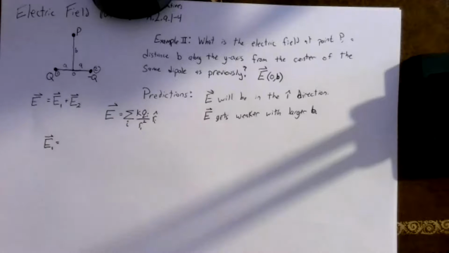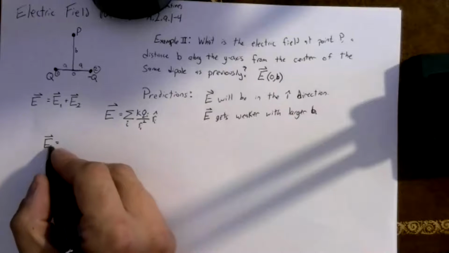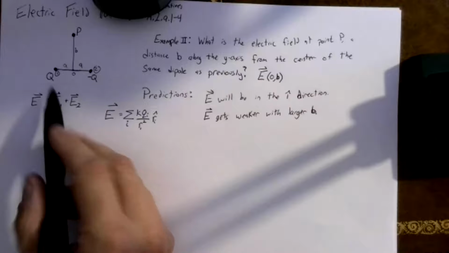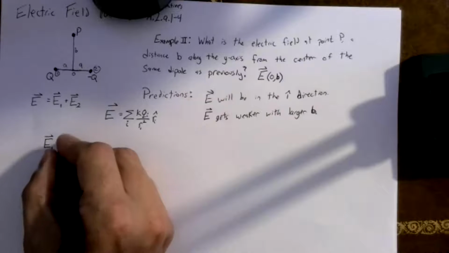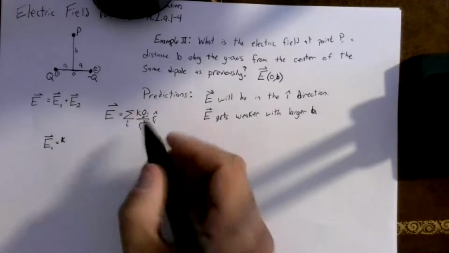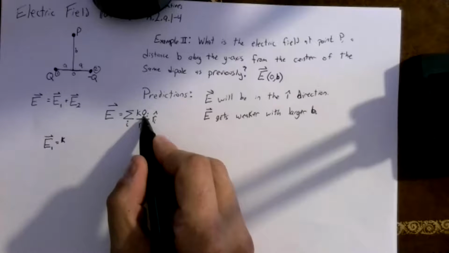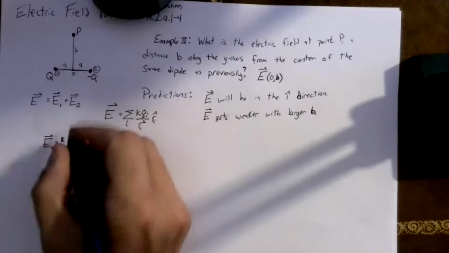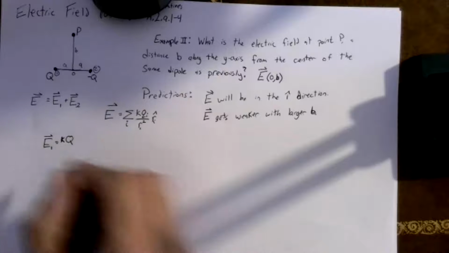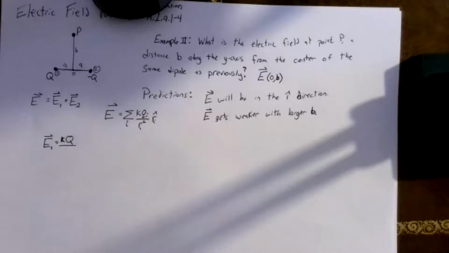I'll probably have to figure out what my angles are and what my r hat is, and I'll try to do that as I go along. But let's see what I can do so far. So E1, right? The field from this charge, I start with k. What's my q_i for charge 1? Q, right? This capital Q, and it's positive, over r squared.